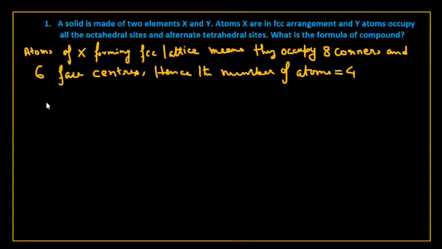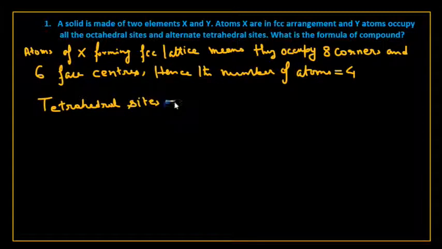Now we can write, tetrahedral sites is equal to 8. Number of Y atoms for alternate tetrahedral sites is 4.